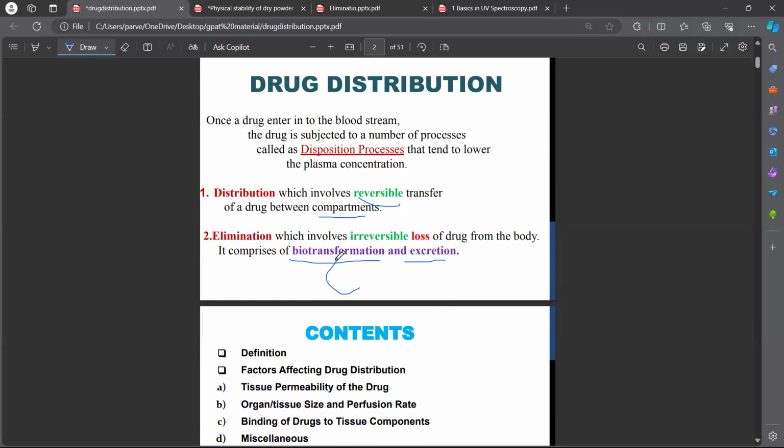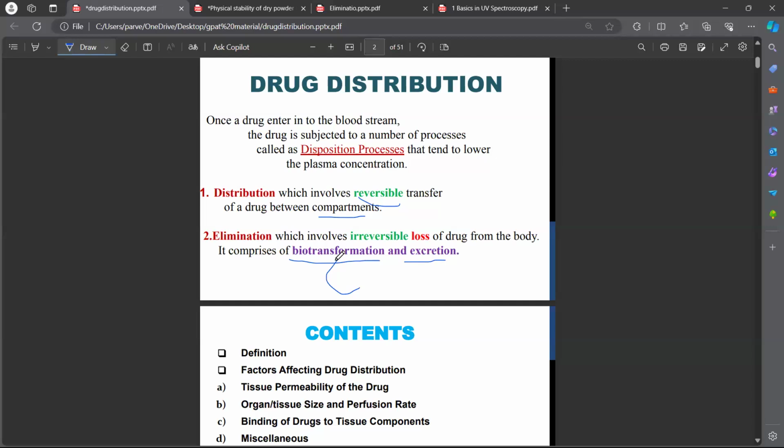Why should biotransformation take place, guys? Tell me, why should biotransformation take place? What is the main role? Why should a drug undergo a biotransformation reaction? Answer this question, guys.